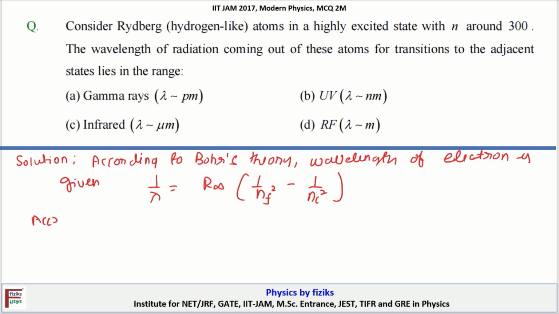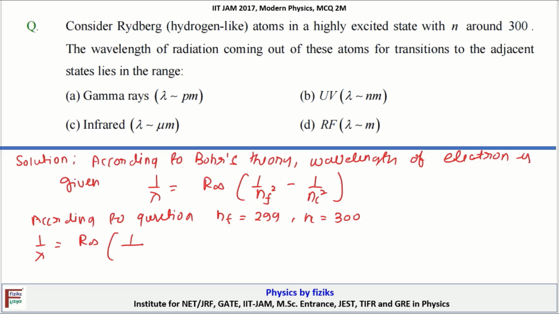According to the question, nf equals 299 and ni equals 300. So 1 by lambda equals R infinity times (1 by 299 square minus 1 by 300 square).